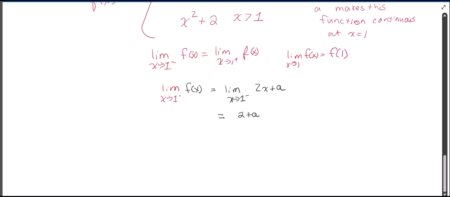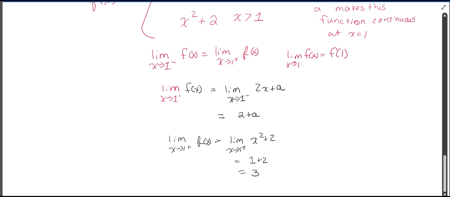Now I need to take the limit as x approaches 1 from the right of f of x, and that will equal the limit as x approaches 1 from the right of x squared plus 2, and that equals 1 plus 2, which equals 3.